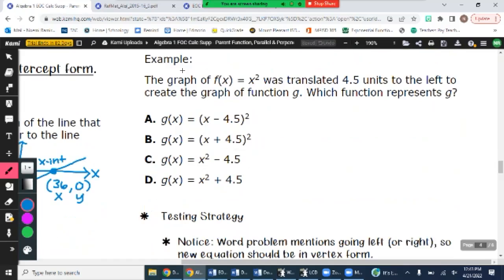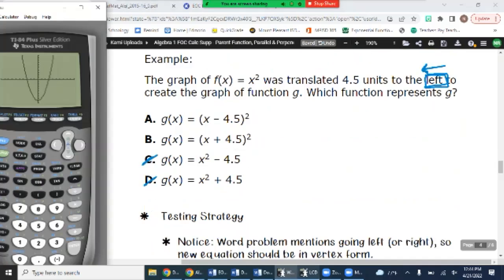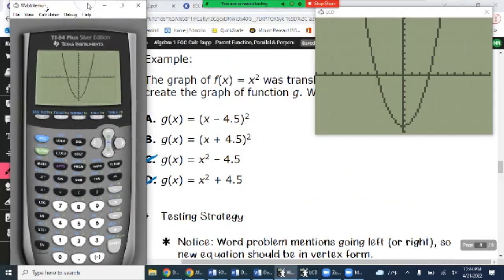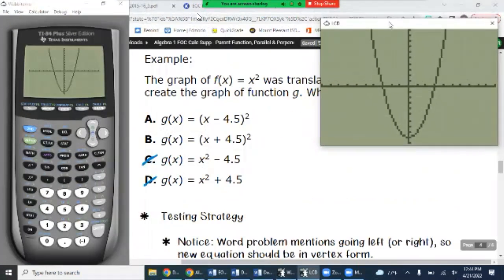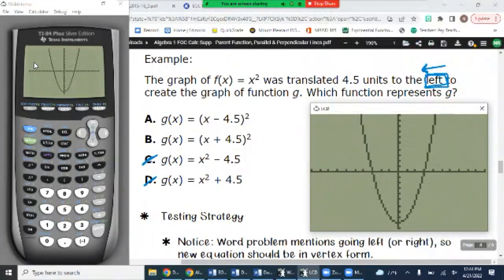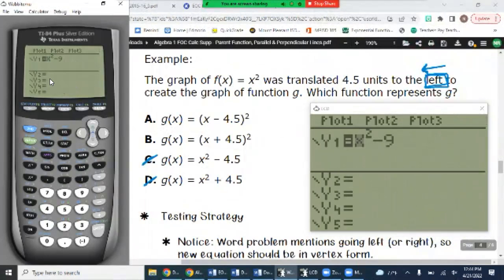Let's look at it. This is the example. This one actually describes what's happening. It says it moved to the what? Left. It moved to the left, meaning we need an equation that's in what? Vertex form. I can go ahead and get rid of C and D. We're actually going to go through all 4 answer choices regardless, but for those of you that remember this, get rid of C and D first.